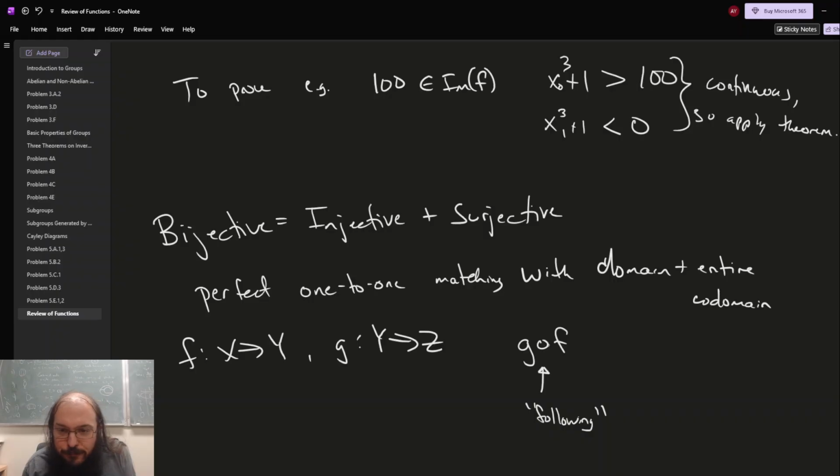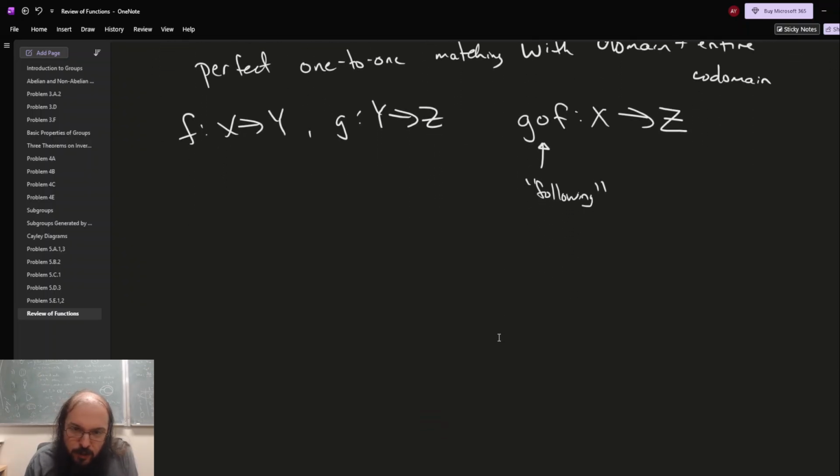This is g following f. In other words, first do f and then do g. This is going to be a function from X to Z directly, because f maps to Y, and then g picks up where f left off and sends it over to Z. And we have some simple mapping properties for injective and surjective functions.